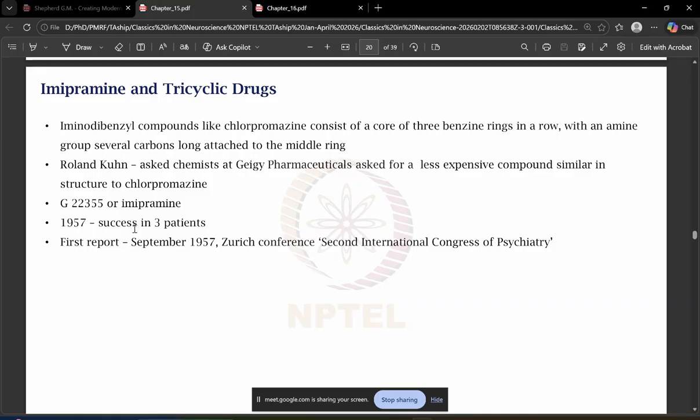this propelled further studies into other tricyclic drugs, basically drugs that have three benzene rings in a row. So these were called tricyclic drugs, and the success of imipramine in treating these three patients of depression that Roland Kuhn saw propelled further studies into tricyclic drugs and the use of imipramine and other tricyclic drugs for treating depression.